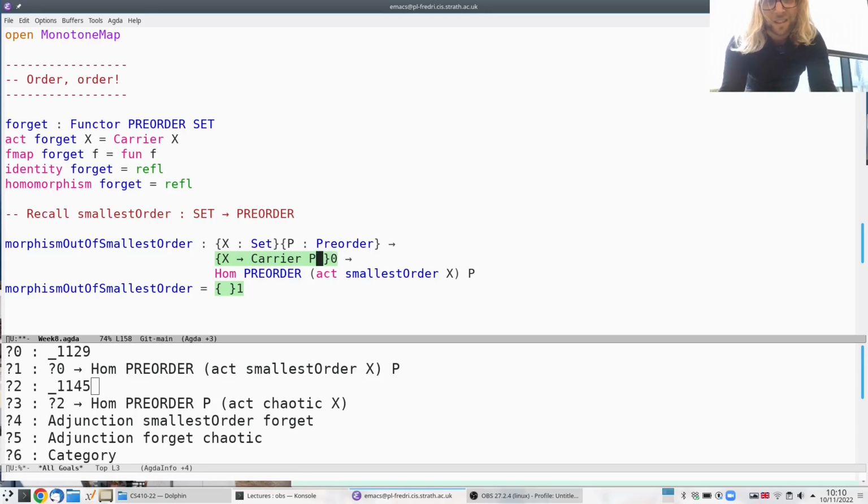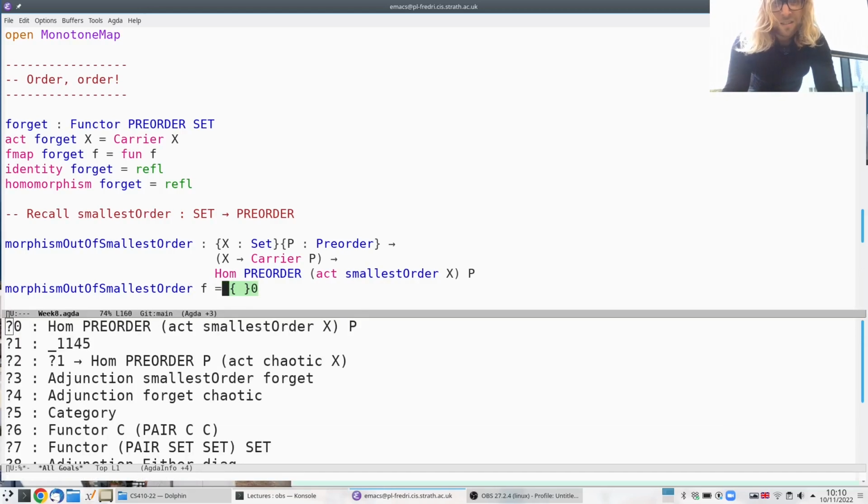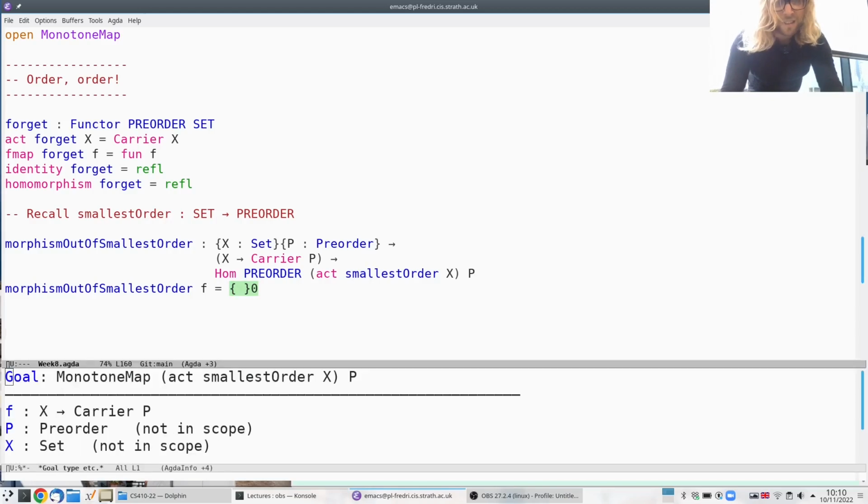Right, so you're saying that this should be enough. If we have a function from X into the carrier of P, we should be able to upgrade that into an order-preserving morphism from the smallest order into P. Something of the sort, yes. Okay, let's see. So I'll take such an f. Here, I have to give a monotone map from the smallest order into P, right?